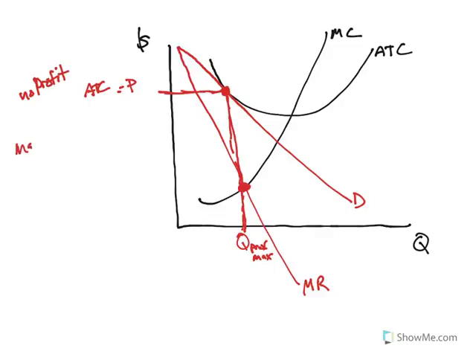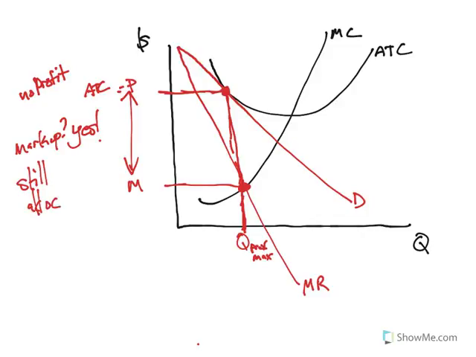Are they charging a markup? Let's see. For that quantity, let's go up to marginal cost. That's marginal cost. Sure enough, they're still charging a markup. So it is still allocatively inefficient.